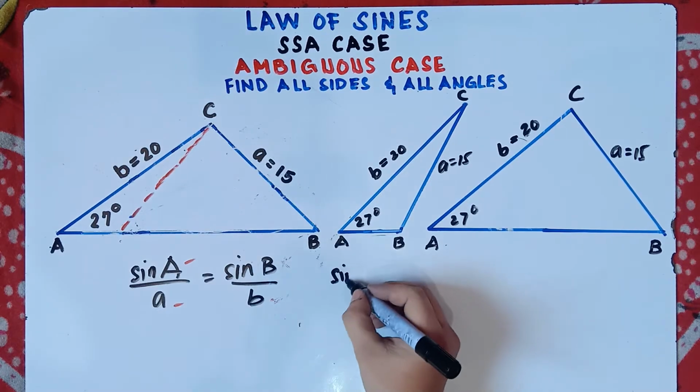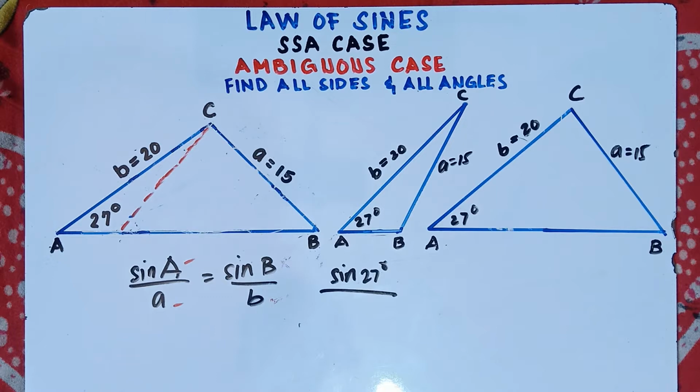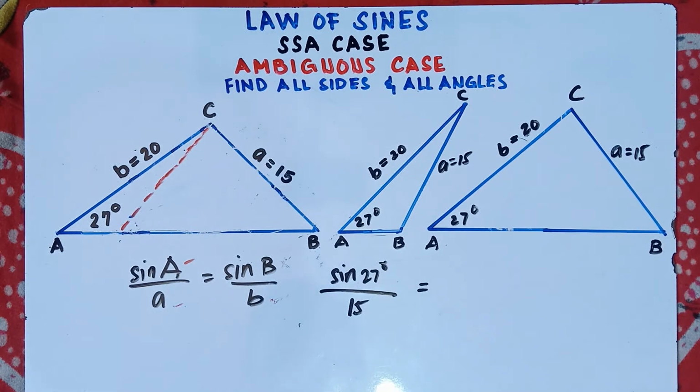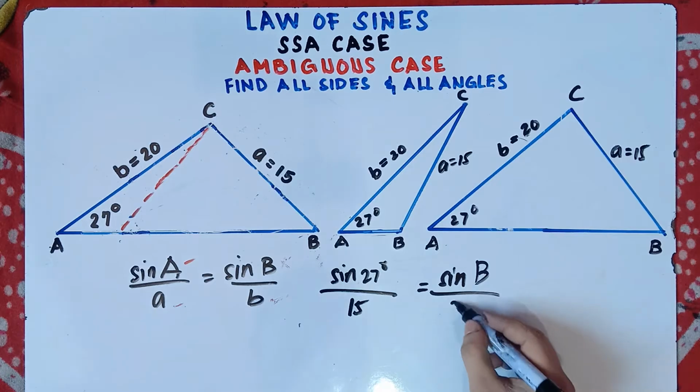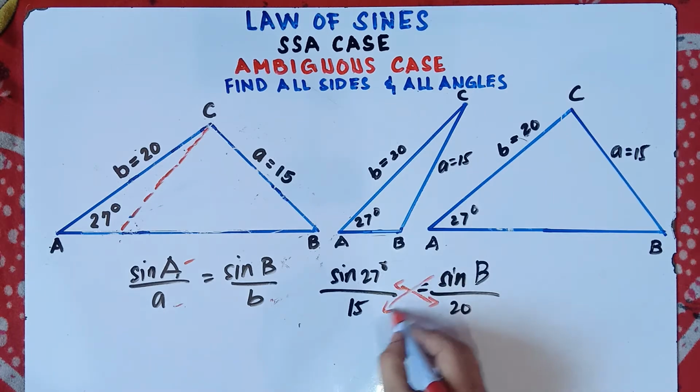So sine of angle A, which is 27 degrees, over side A, which is 15, equals sine, copy sine, then B, which we're told to find, over small b, which is 20. To get the value of angle B, we can cross multiply.